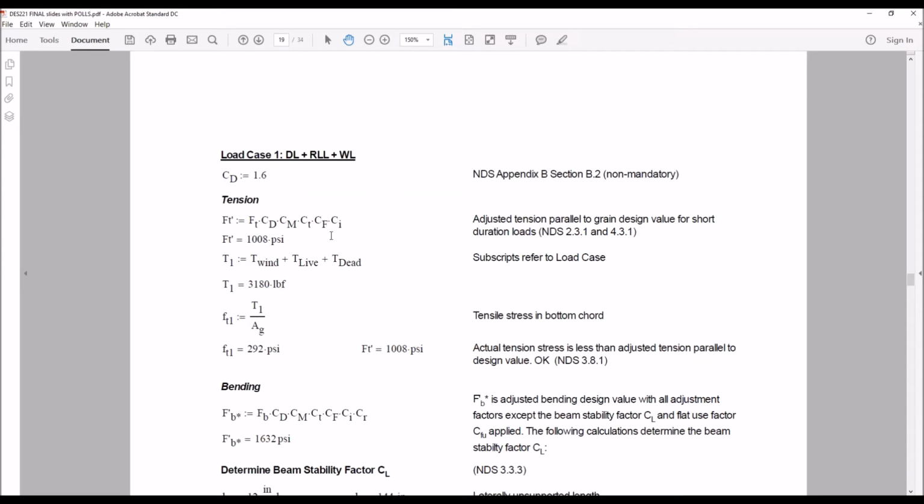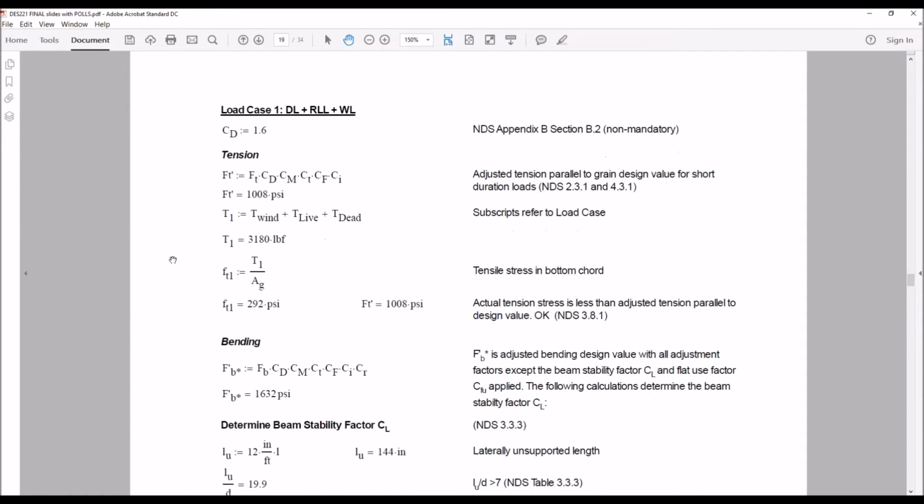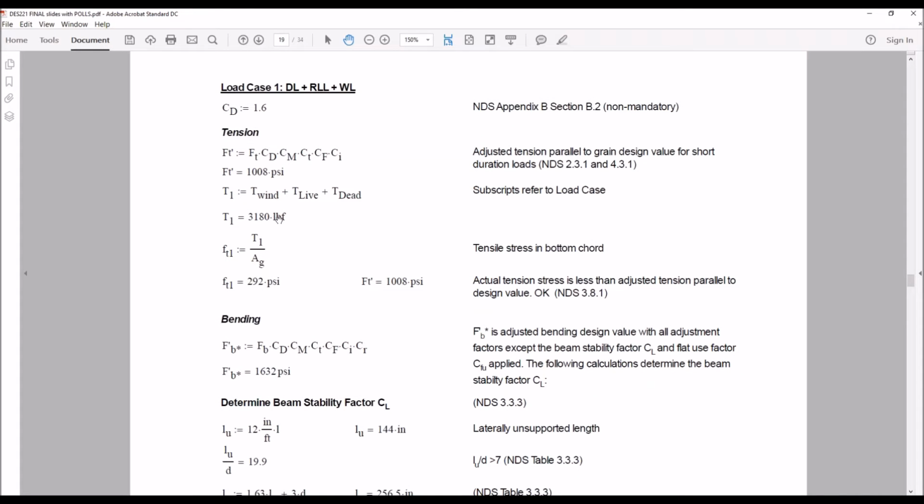But checking our tension loads that are applied along the length of the member, we can calculate an allowable tension parallel to grain design stress of 1,008 psi. Our combined tensile loads for load case 1, as noted here, this T sub 1 would be 3,180 pounds.